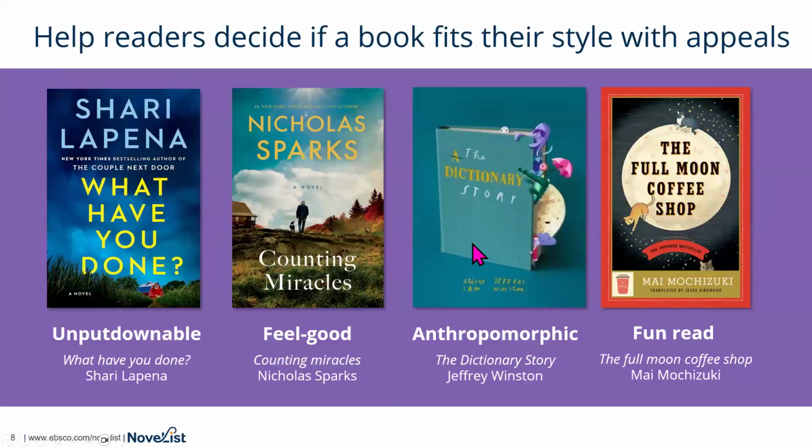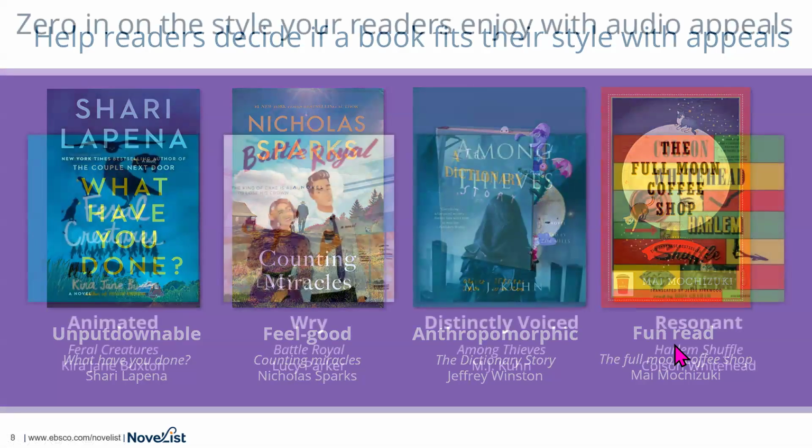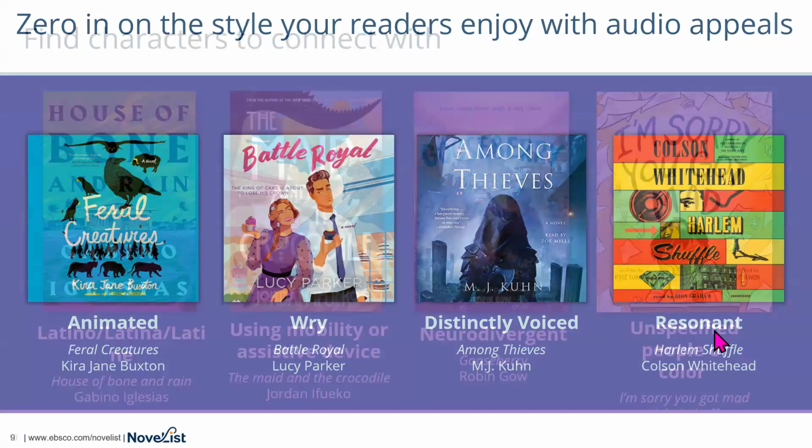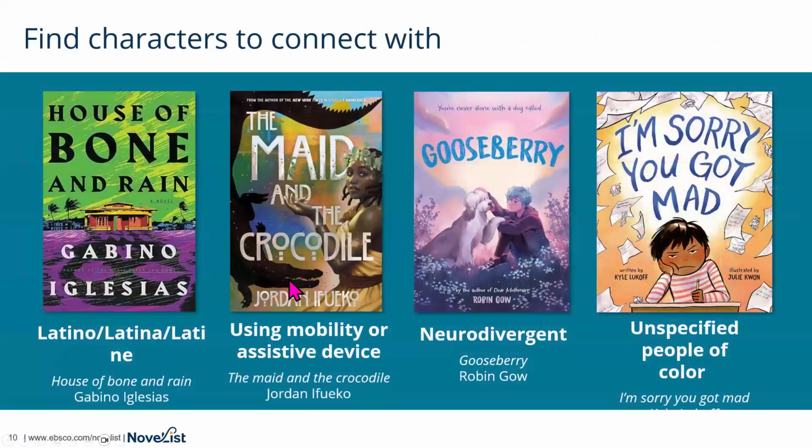So here's just an example of some of the appeals. Unputdownable, feel good, anthropomorphic, fun reads, where you can also zoom in on things like audio appeals: animated, wry, distinctly voiced, resonant. We can even find character-driven novels, or even characters that we as a reader can connect with.